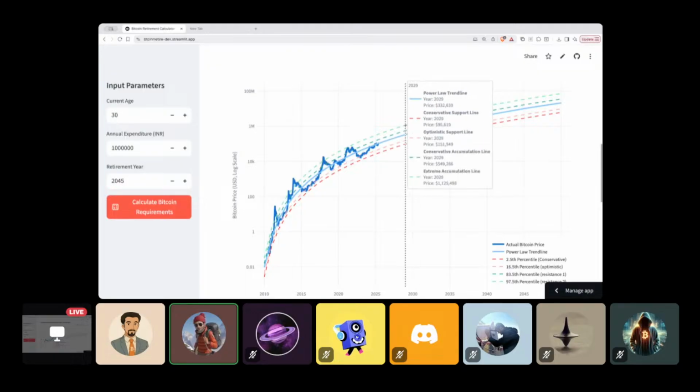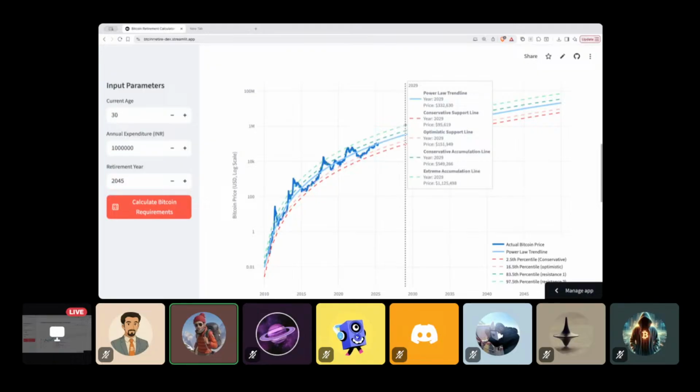So what this light green 97.5 percentile line tells you is that only 2.5 percent of the whole price action of Bitcoin has been above this line. So Bitcoin's price action rarely breaches this line, and if it does, it always tends to revert back into or towards the power trend. So that's the significance of these lines.